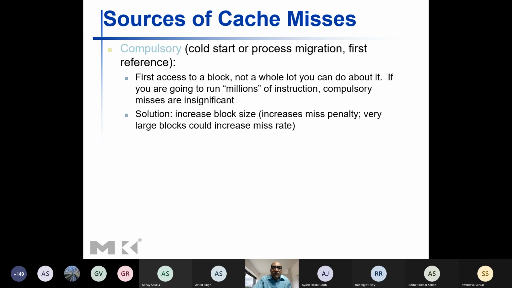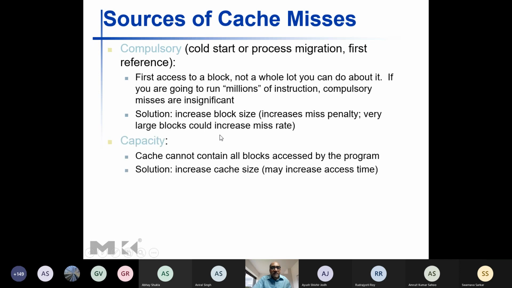So if the block size is very large relative to the cache size, then you have very few choices, as very few blocks can be accommodated. That again indirectly increases the miss rate. So to handle compulsory misses, if you increase the block size, there are other issues too. Therefore, you need some trade-off.